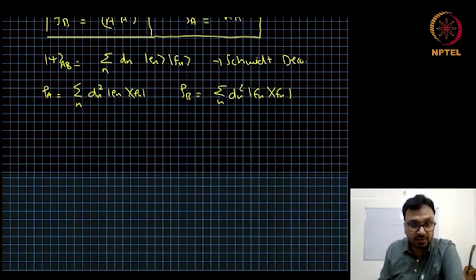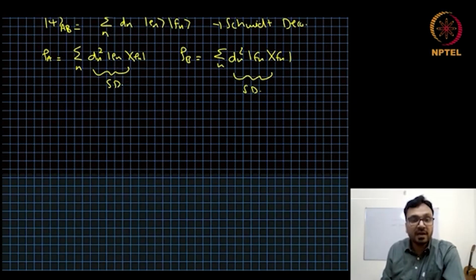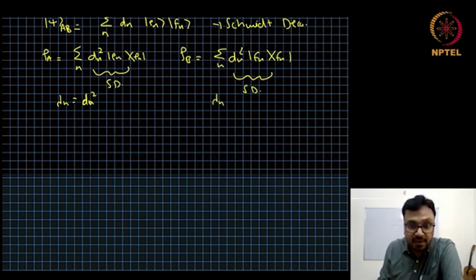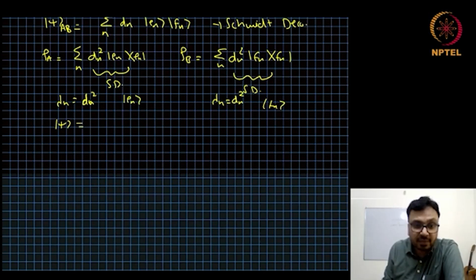This is trivial to find out. Since the e_n are an orthonormal basis, this is a spectral decomposition, and this is also a spectral decomposition. From the spectral decomposition, we can find the eigenvalues d_n squared. Let us call lambda_n equals d_n squared, similarly here, and the eigenvectors e_n and f_n. From here, we can write the Schmidt decomposition of the two-qubit system as the sum over n of the square root of lambda_n e_n f_n.